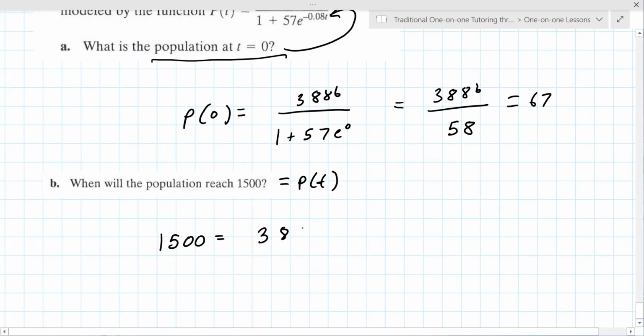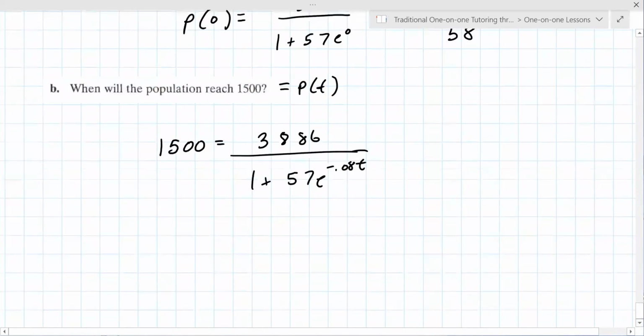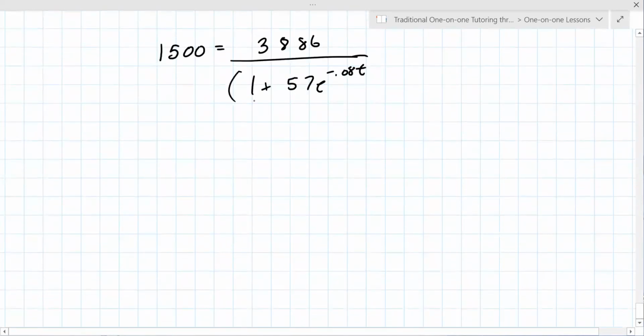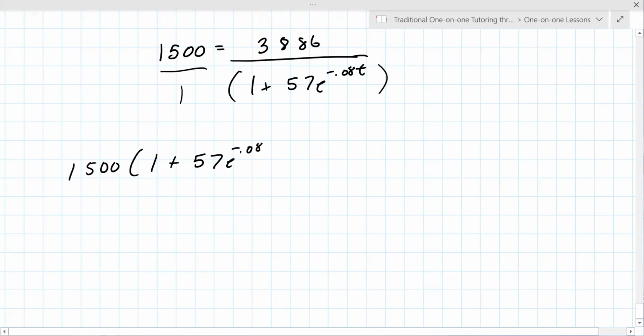So it's 3886 over 1 plus 57 e to the minus 0.08 t. Okay, and this one's quite bad, but it's doable. I mean, you should be able to do this. You multiply the left hand side by this: 1500 times (1 plus 57 e to the minus 0.08 t) equals 3886.